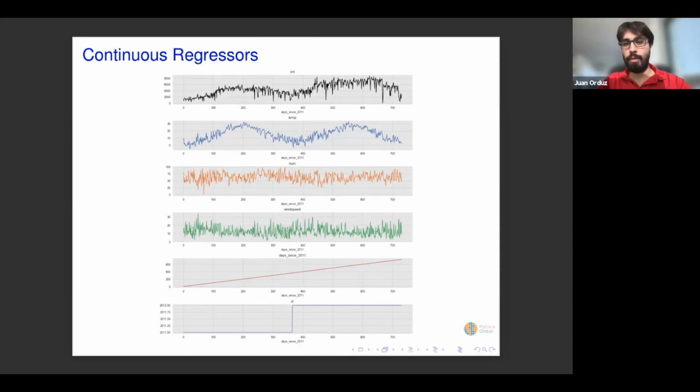Days since 2011 is just a linear trend, so it's an artificial variable, which could be helpful for prediction. And we also have the year variable, which in this case is nothing else than a step function, which could also help us to predict, for example, this kind of growth in the amplitude of the seasonality.